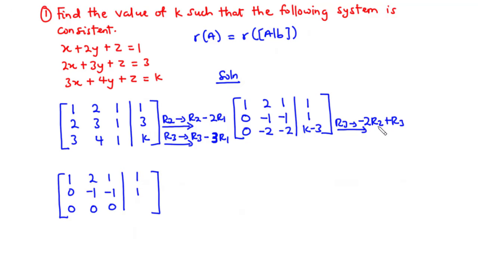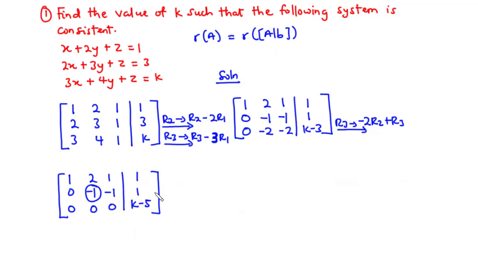Negative 2 times 1 is negative 2, and then negative 2 plus k minus 3 becomes k minus 5. So we have this to be k minus 5.